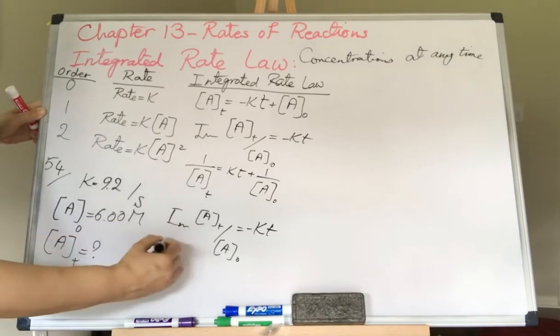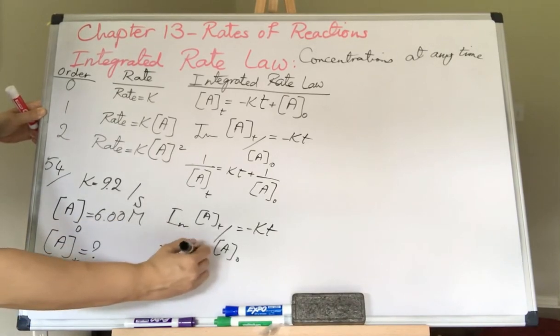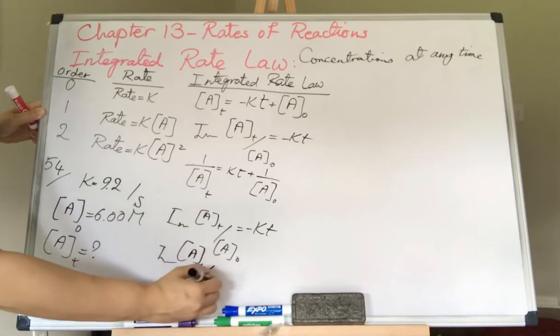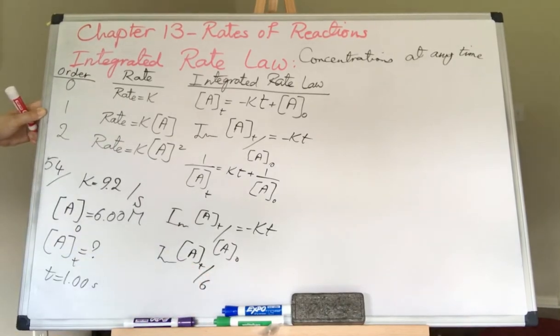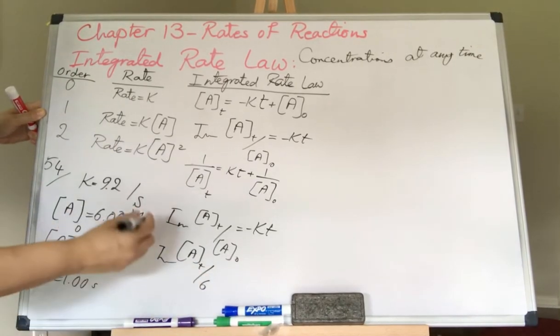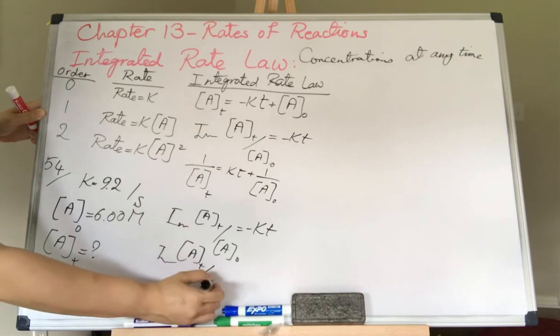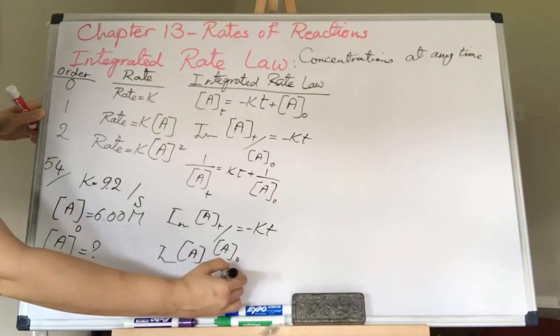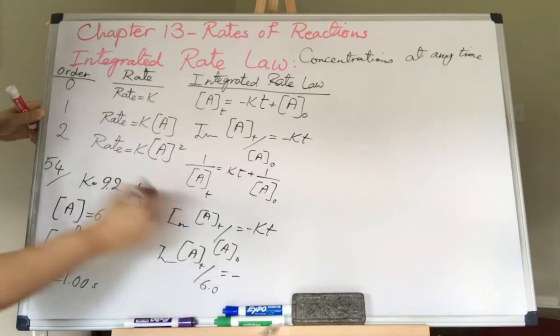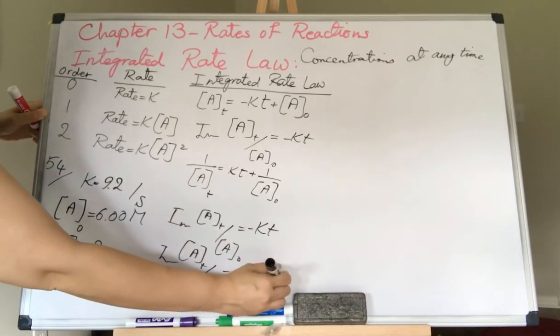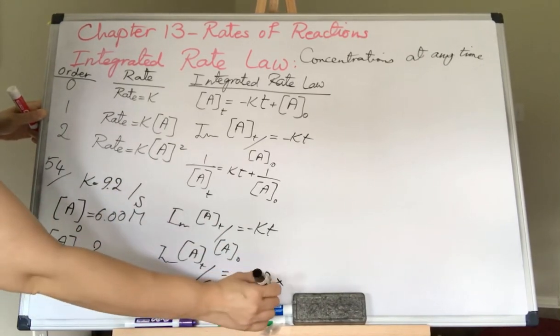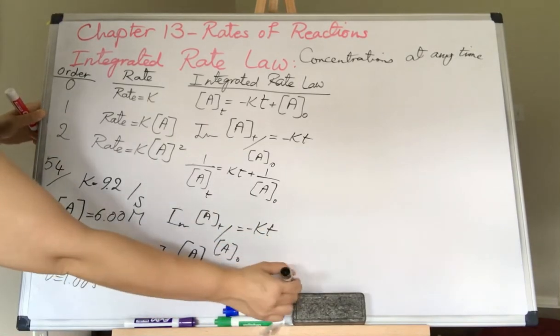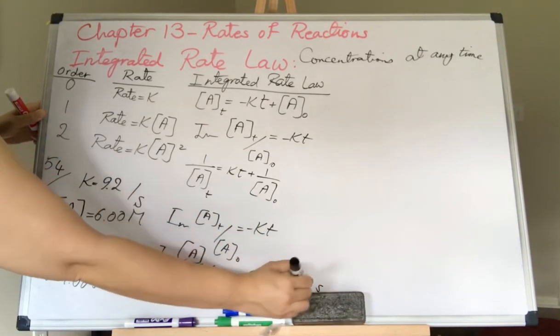So ln of our unknown divided by 6 is minus 9.2 per second times 1 second.